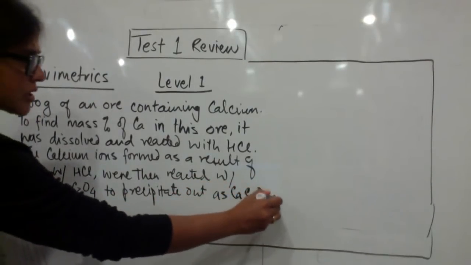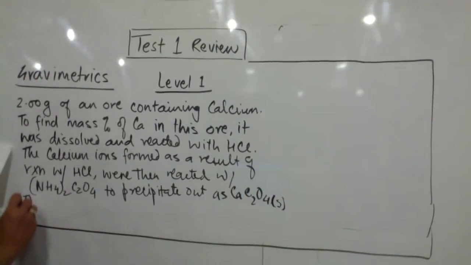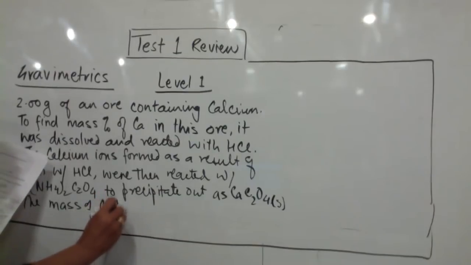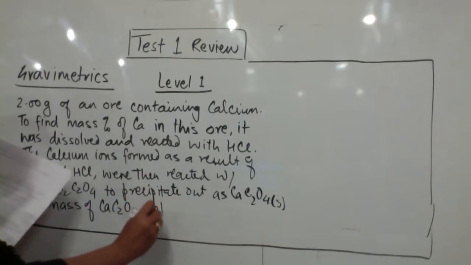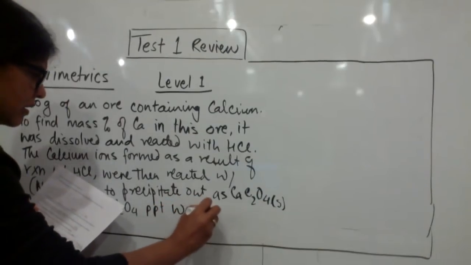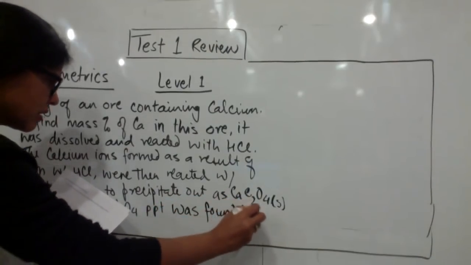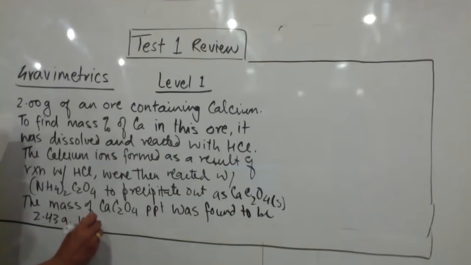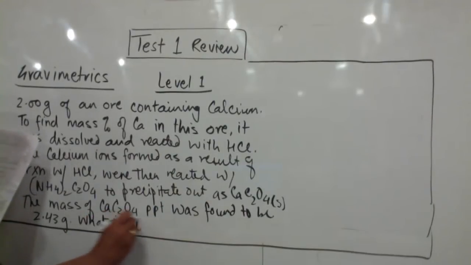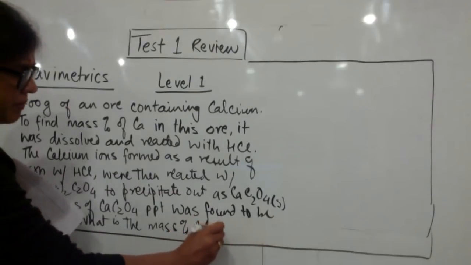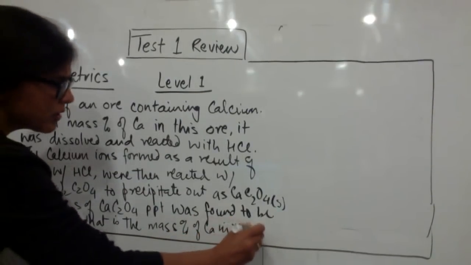So this calcium oxalate was a precipitate. The mass of calcium oxalate, PPT for precipitate, was found to be, let's say, 2.43 grams. What is the mass percent of calcium in this ore?